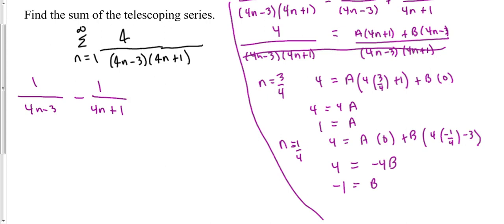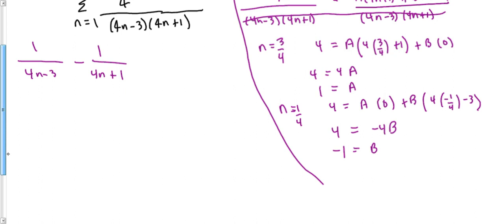Example 7 says that we need to find a general formula for the nth order partial sum, and we should probably start by writing out some of the lower order partial sums. So for instance, S1, when n is equal to 1, I'm going to get 1 minus 1/5.